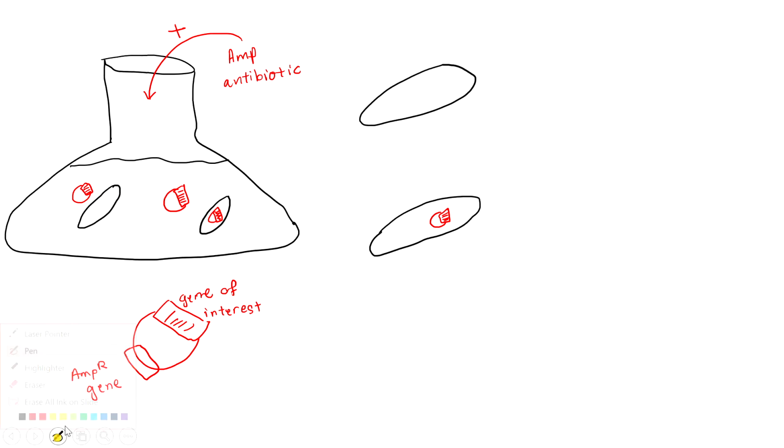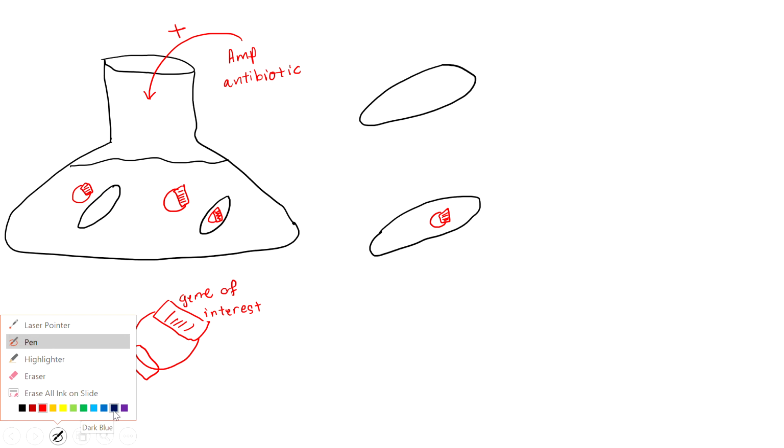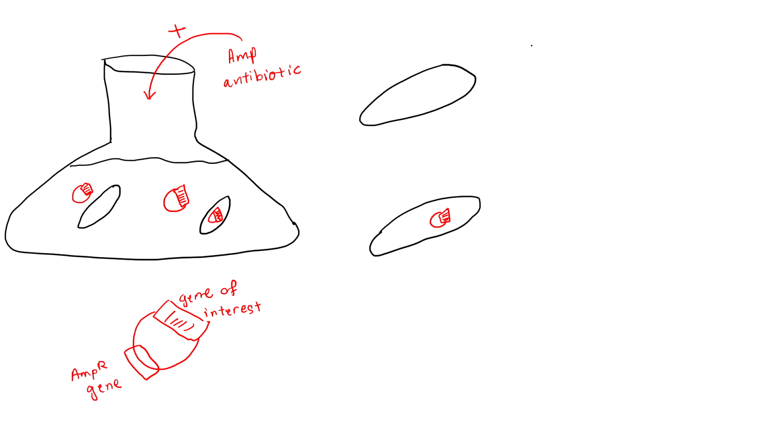So for example here, these bacteria do not have the plasmid, so they also do not have the ampicillin resistance gene. So can they survive in ampicillin solutions?